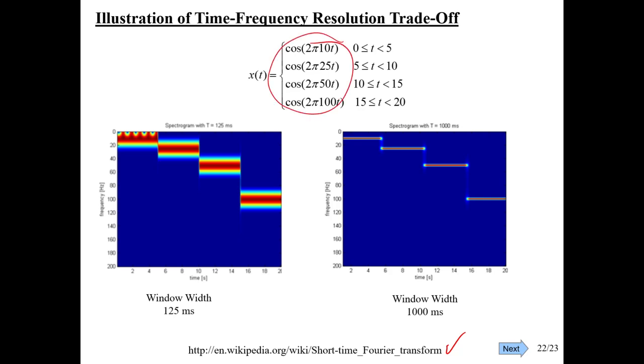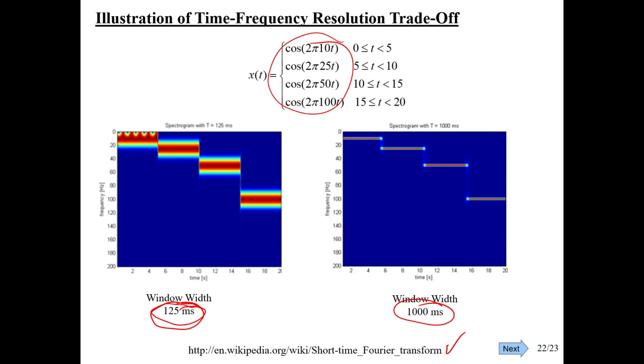They're showing the signal in continuous time here, but obviously they had to compute this in discrete time. And so now we can see two different cases where we have different window widths. So remember, a shorter window is going to give us more broadening of sharp spikes in frequency.